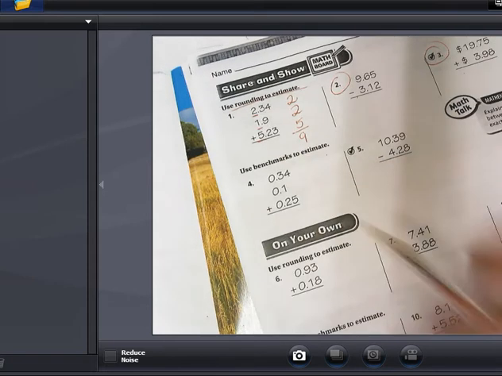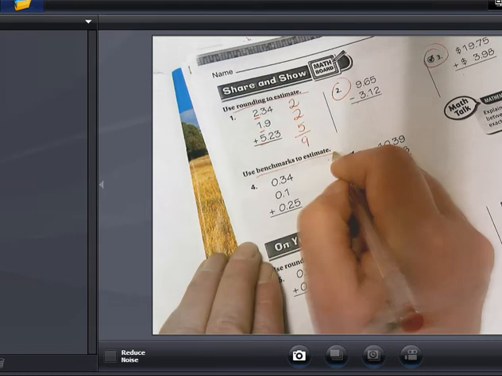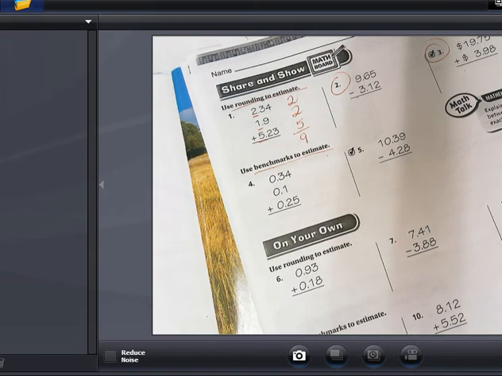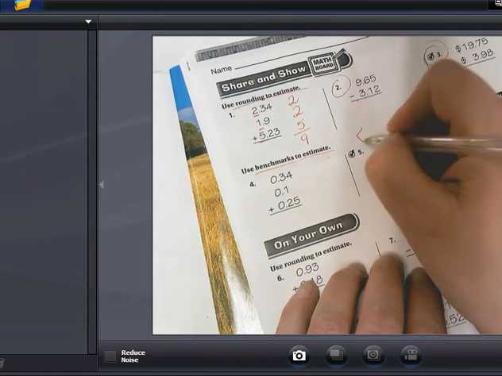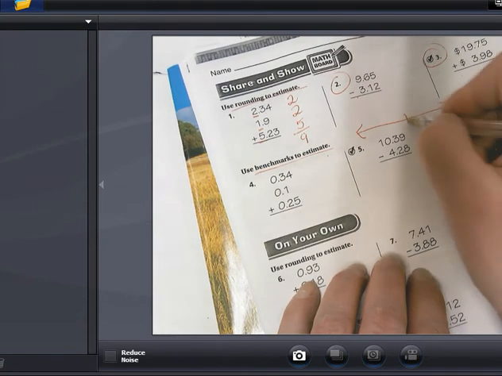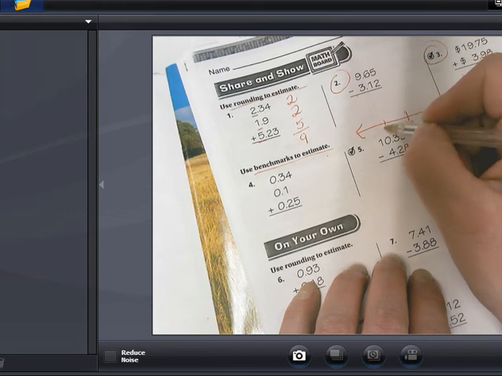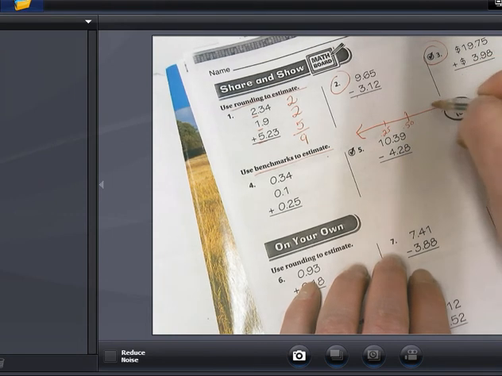Then we'll go down to this benchmark one because we've got new directions. Benchmark means we're supposed to use that number line. You don't need to draw the number line if you can remember these are your benchmark numbers.